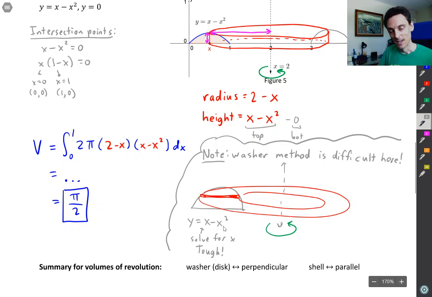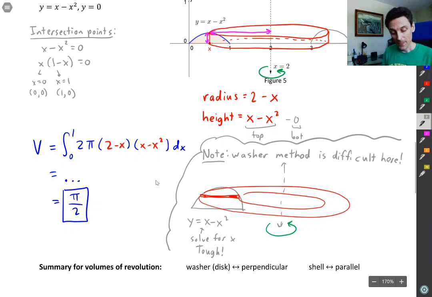Again, it's the quadratic formula, so not too tough, but it's annoying because you'll get a plus or minus and you have to decide which side is which. Is this one the minus one? Yeah, that's probably the minus one. This side is the plus one. But anyway, it's more difficult with the washer method, much easier with the shell method.